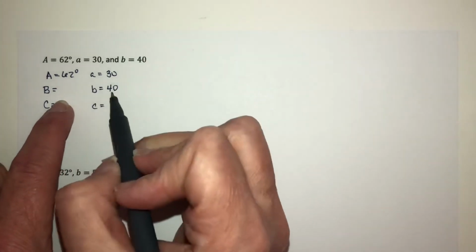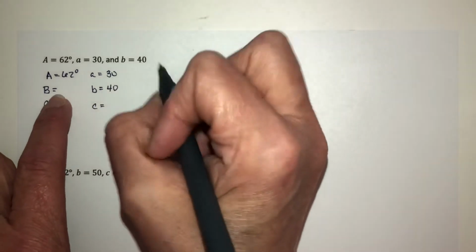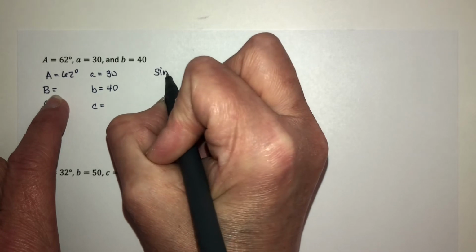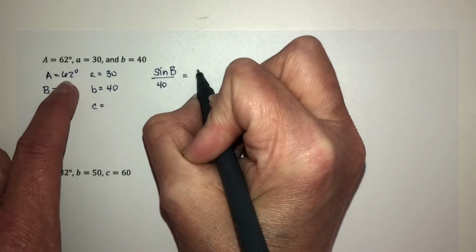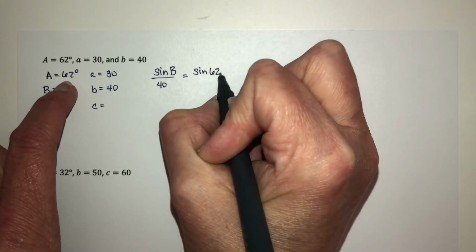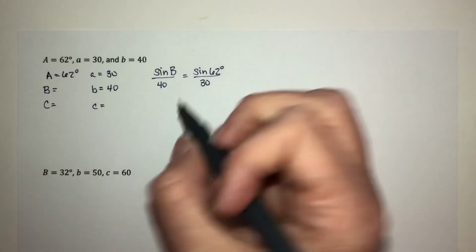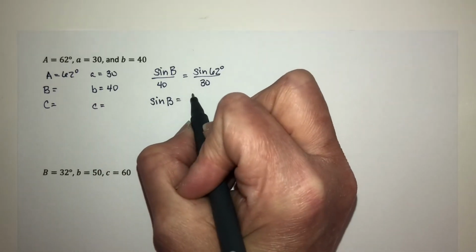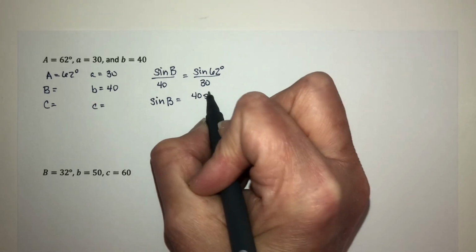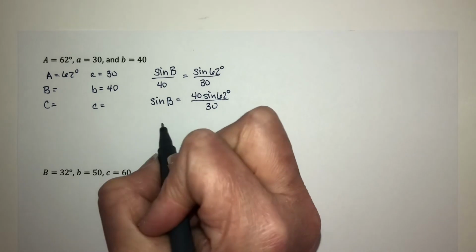Okay, so since I have part of my B pair, I'm going to solve for angle B first. Sine of B over 40 is equal to sine of 62 over 30. Sine of B is 40 sine of 62 degrees over 30.